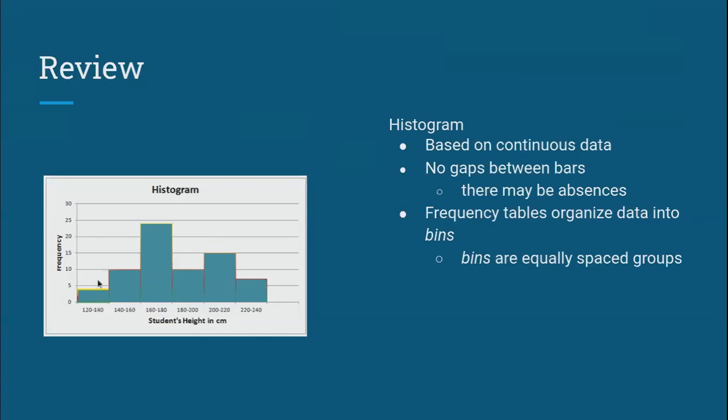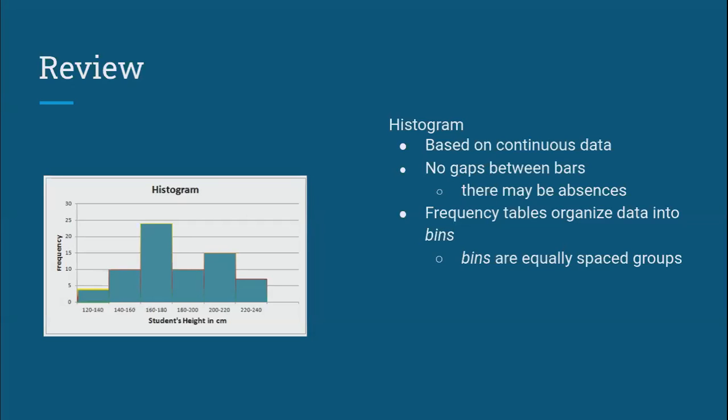So if we were to use a dot plot, how long would that line be? We would have to have something from 120 to 240. So first of all, the line itself would be long. That's why, again, with this amount of data, it is best to use a histogram.